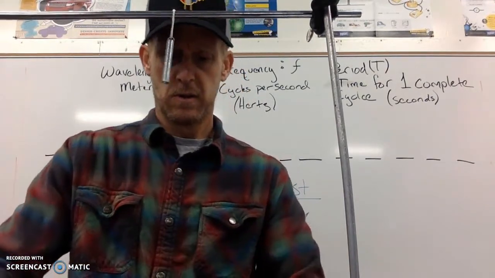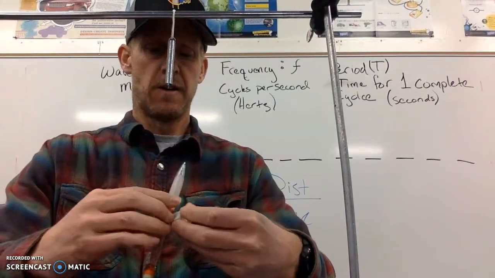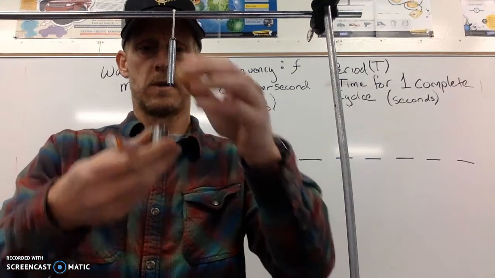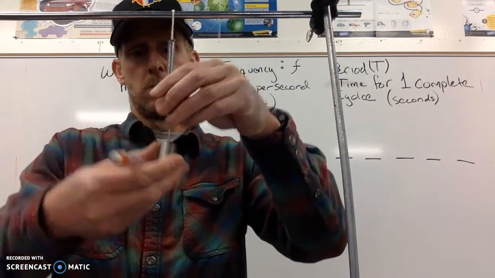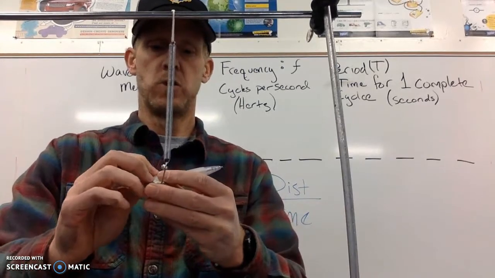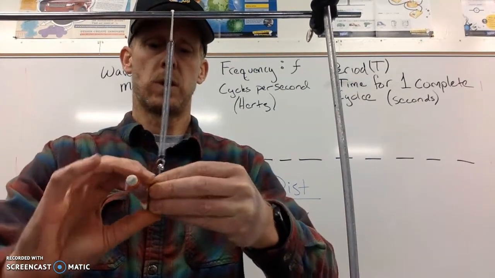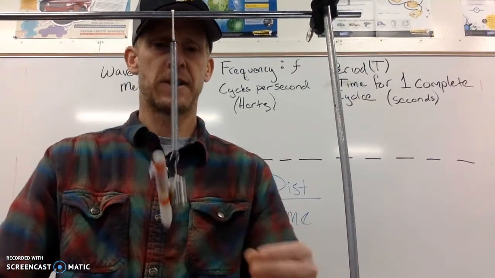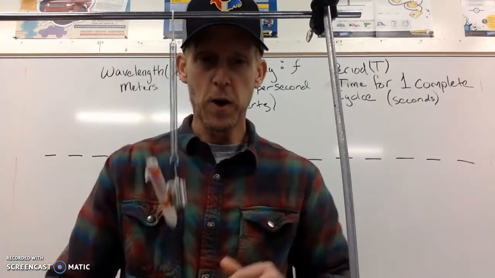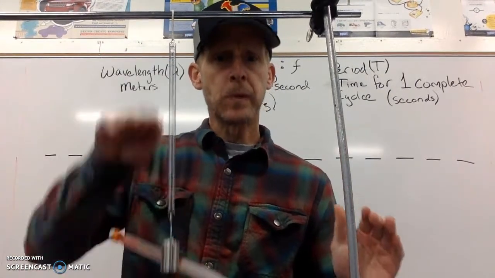Obviously, the mass affects the period and frequency of this. Let's see if this one will work. I put a pen on this. And again, this is just for mental concept models here.